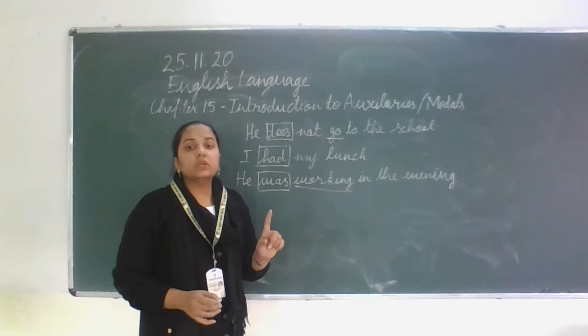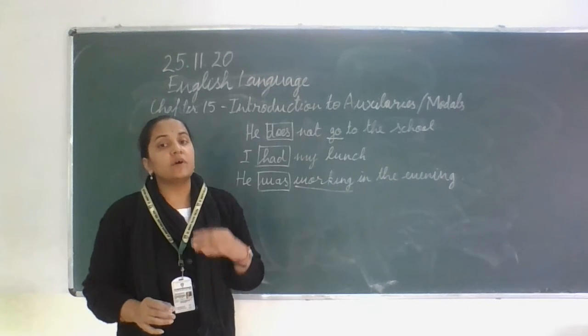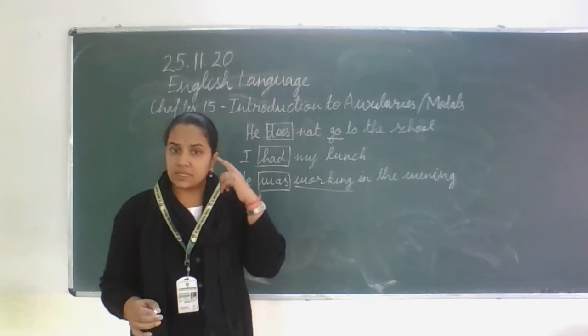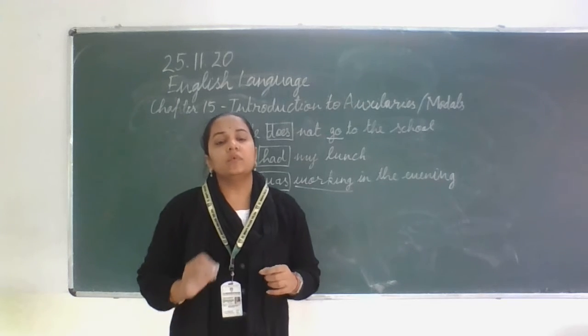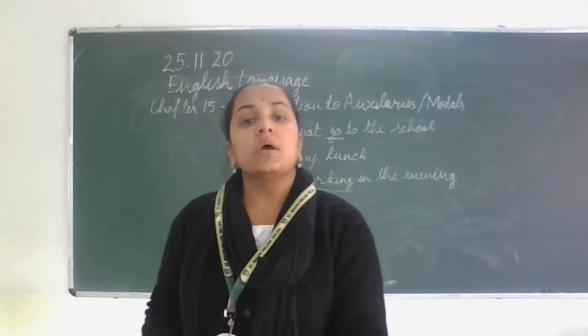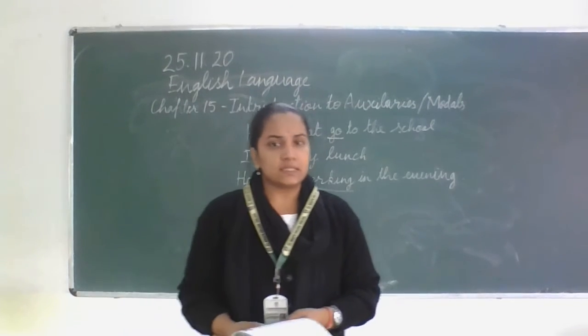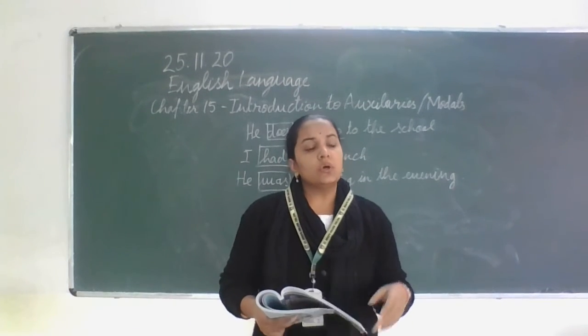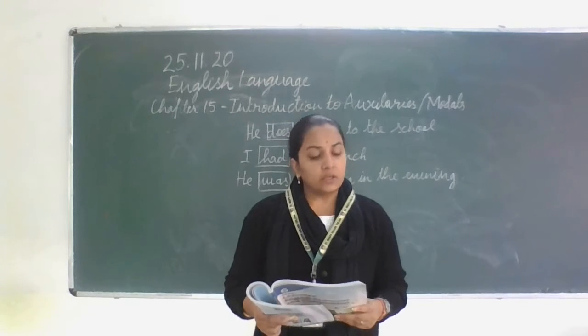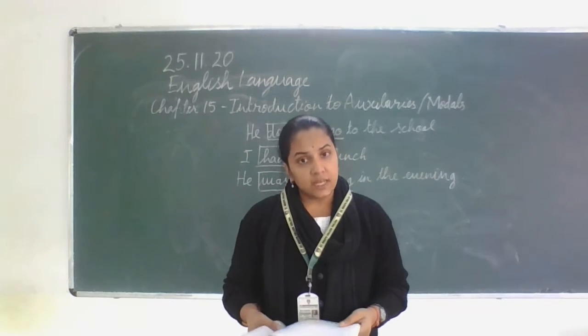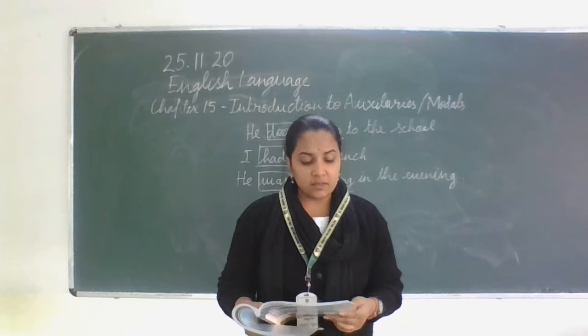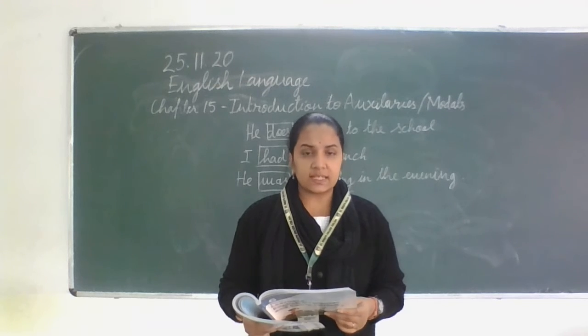We will never use the auxiliary verb after the main verb in the sentence. The auxiliary verb will always be used before the main verb. So, these auxiliary verbs are used to form tenses, passive voice, questions, etc.